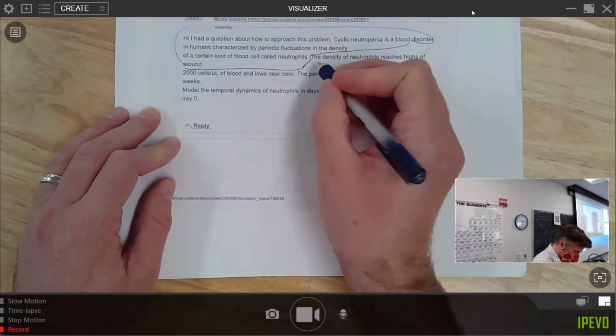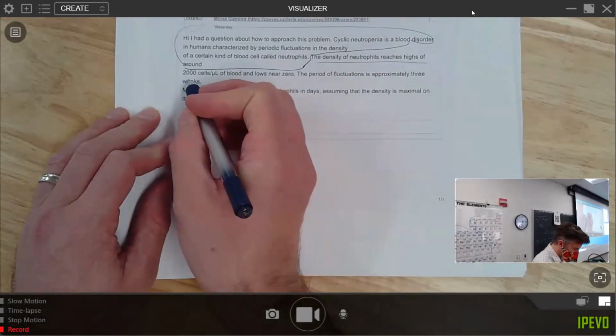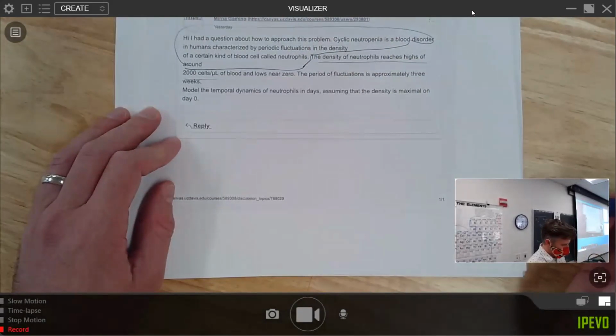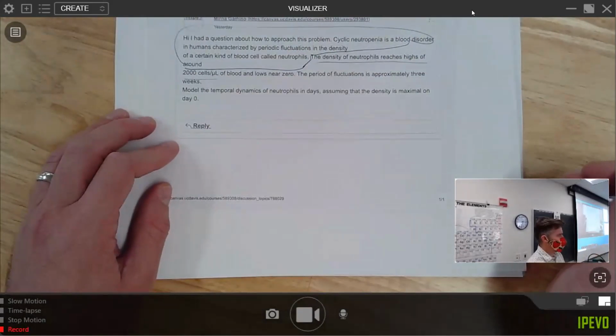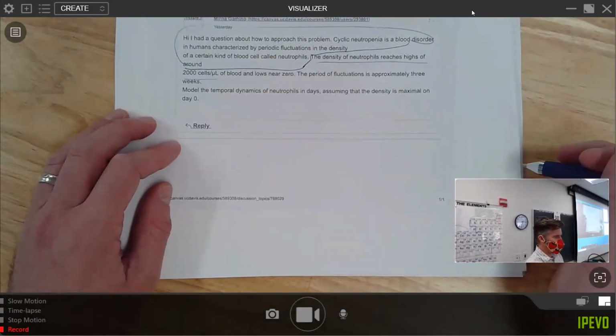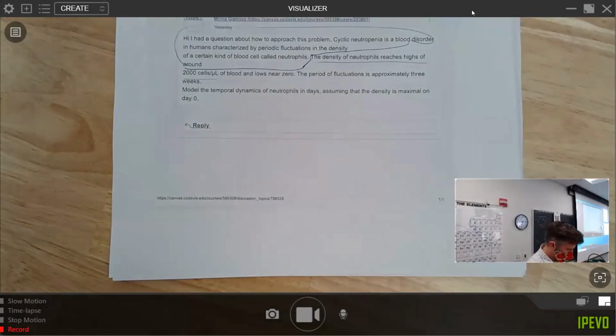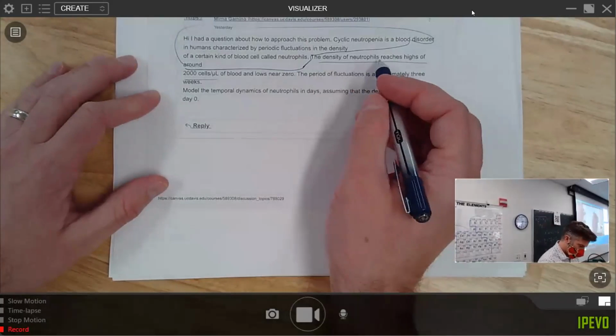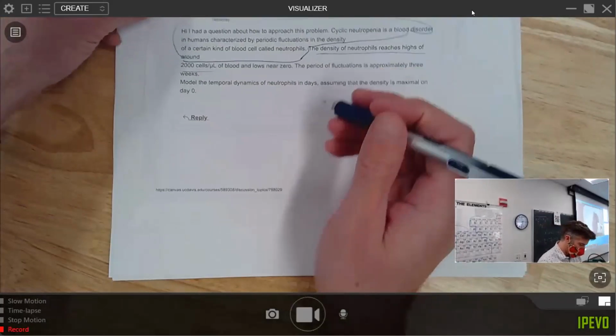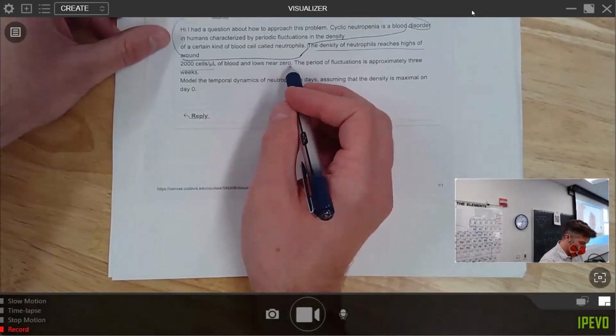I'm looking at this. The density of neutrophils reaches a high of 2,000 cells per microliter. Is that what the little mu stands for, micro? Actually, it doesn't really matter. We can copy the symbol and pretend like we know what it is. So the density reaches a high of 2,000 and lows near 0.